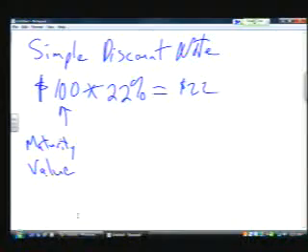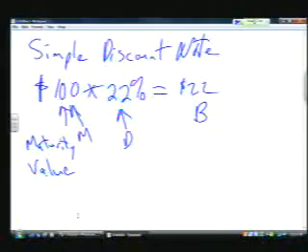The letters that your author uses are B for the bank discount, M for the maturity value, D for the discount rate, and T for the time. I had 1 year here, so the time was just 1 year. Now the proceeds, that's what you walk out the door with.